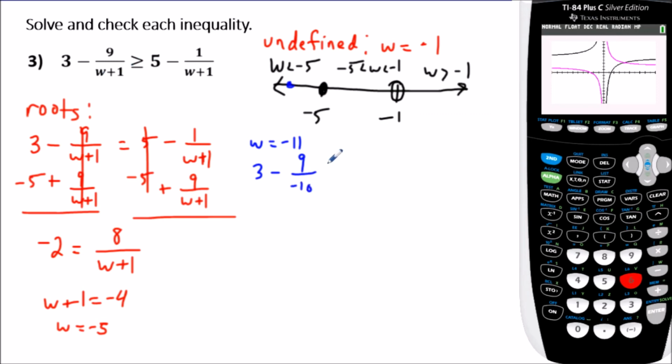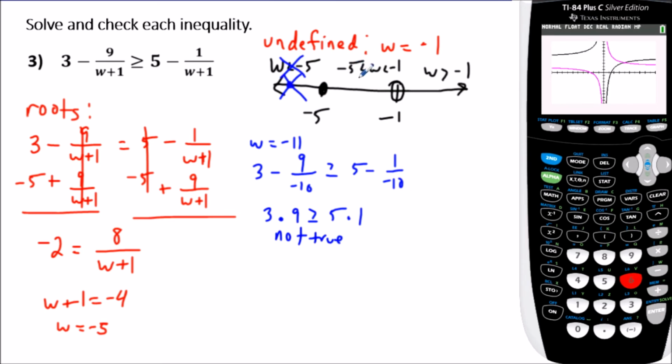And you want to know if that's greater than or equal to 5 minus 1 over, and then -11 plus 1 is still -10. So when you simplify this, 3 plus 0.9 is 3.9. We want to know, is that greater than or equal to 5 plus 0.1 is 5.1? And this is not true, which means this interval is out. So not part of our answer.